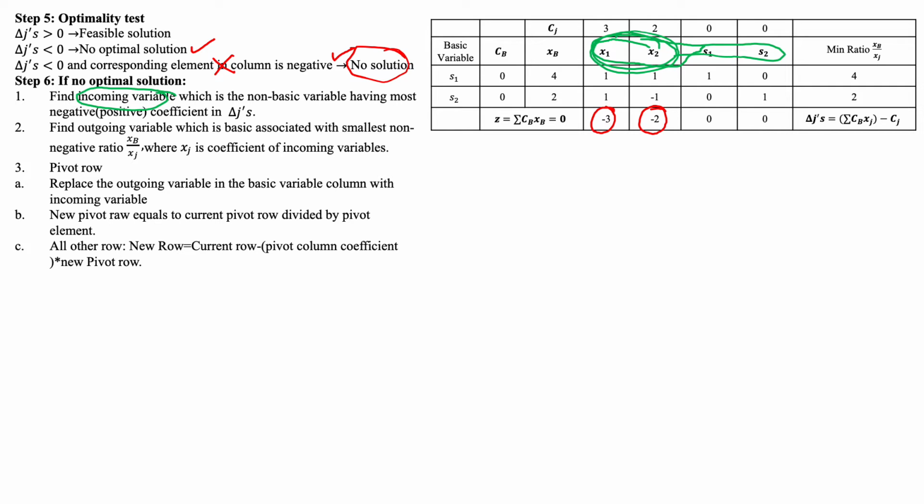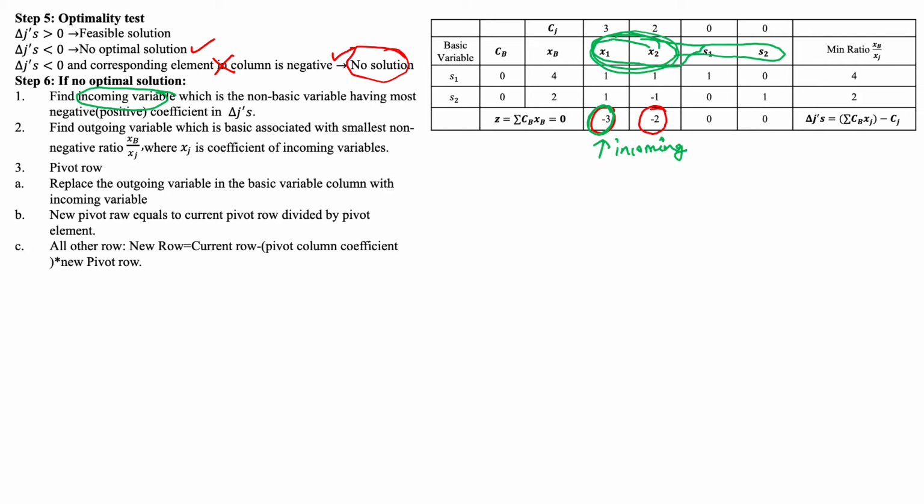Which one is the most negative? Both are negative, but the most negative is 3. So x1 is my incoming variable, and this variable will become a basic variable in the next table of simplex.